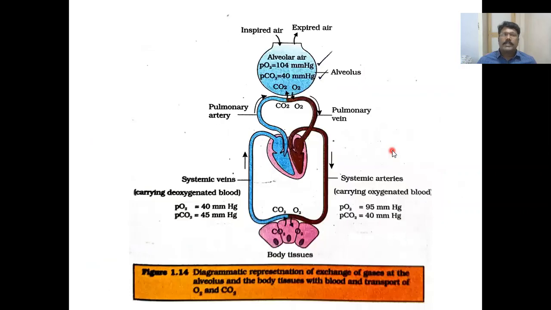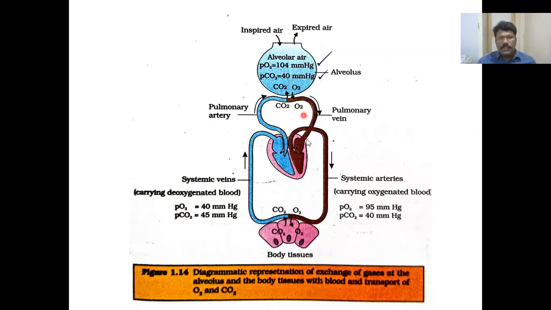Now what we have discussed is just a diagrammatic representation. In the inspired air, the alveolar partial pressure of oxygen is 104. At the same time, it is 40 with respect to the carbon dioxide. So oxygen enters into the pulmonary vein and carbon dioxide enters into the alveoli, which is expired.